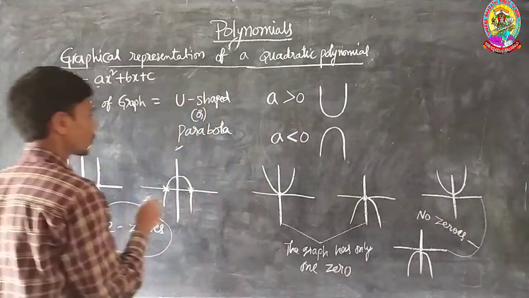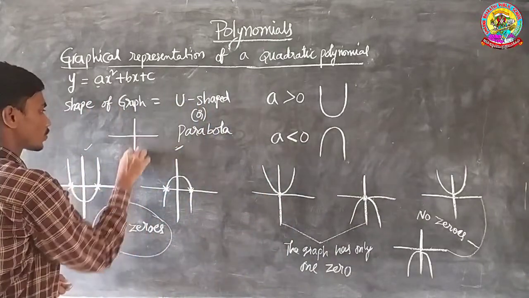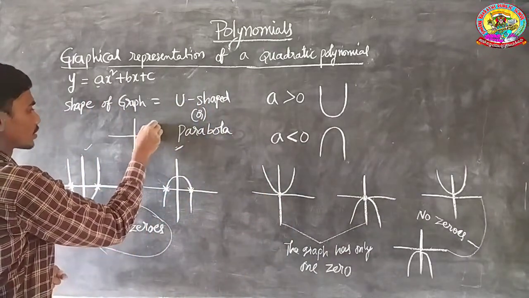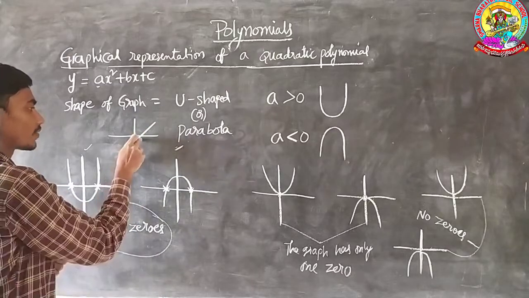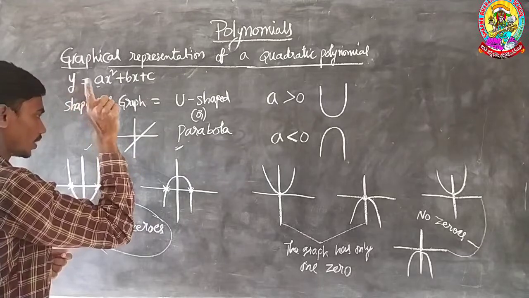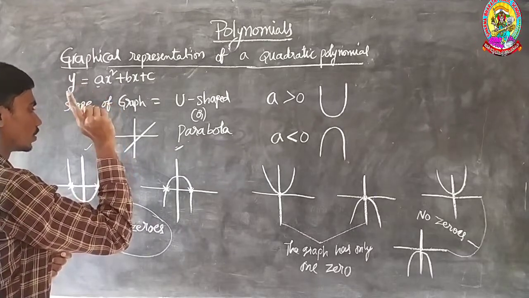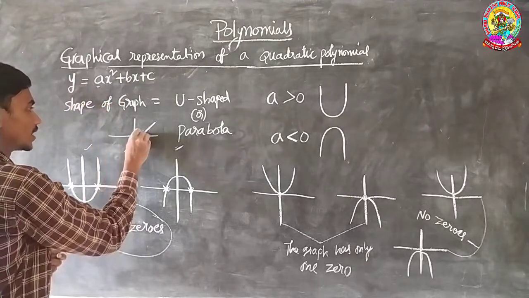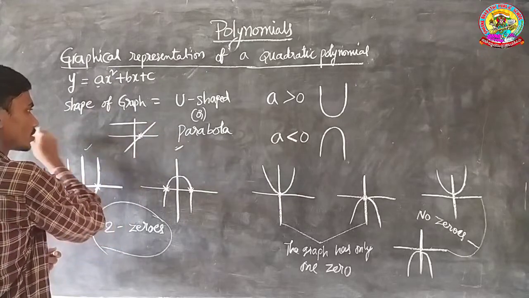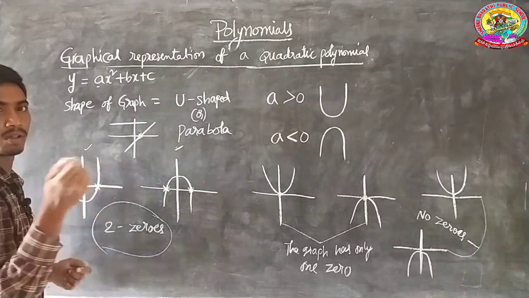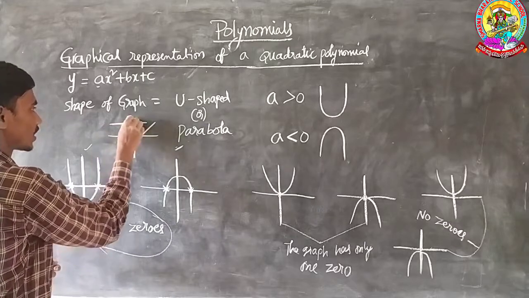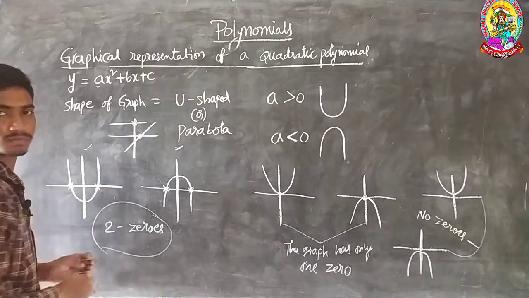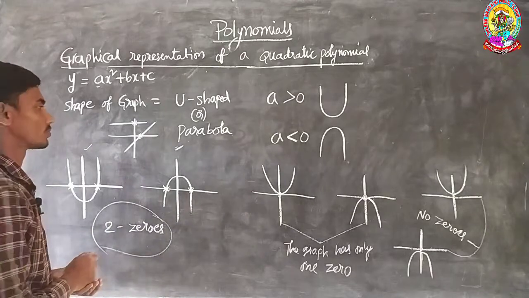In the case of a linear polynomial also, if the graph is passing through like this, the graph has only one root, only one solution, that is the x-intercept. If the graph is like this, parallel to the x-axis, it has no solution or no zero.